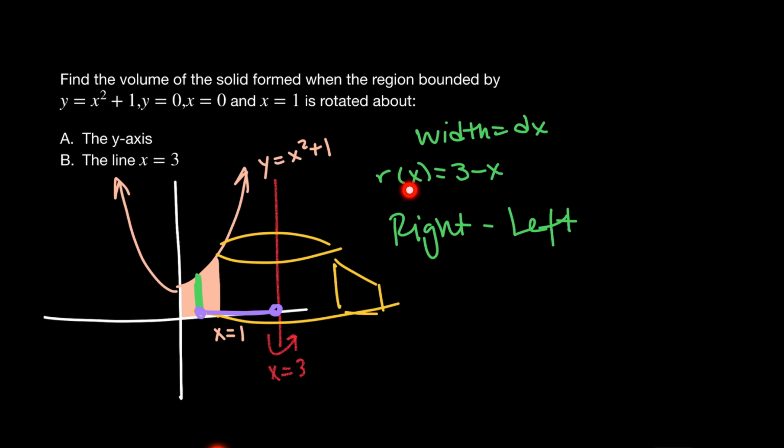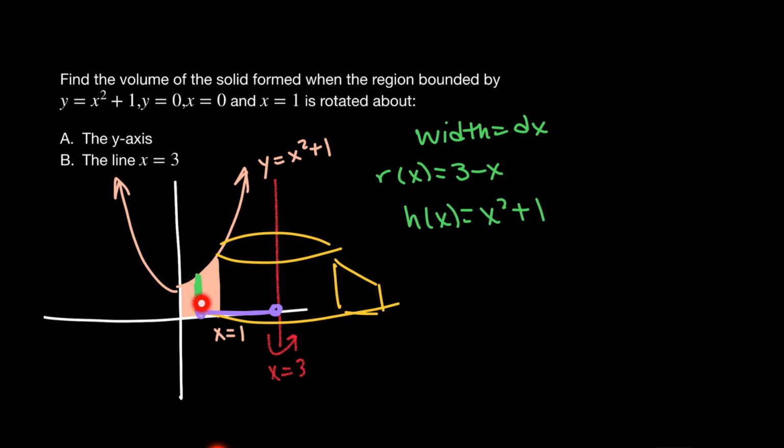So my radius is actually going to be 3 minus x. Okay, so the distance of the purple line is 3 units minus whatever x value you are at. I always like to think of horizontal distance as taking the right side of the line segment minus the left side of the line segment.